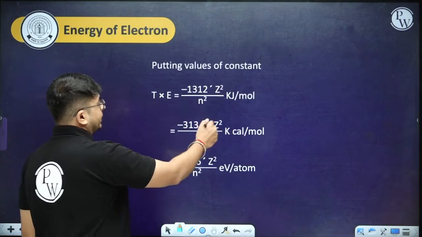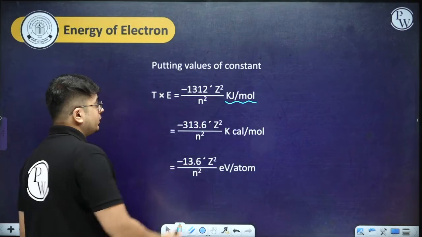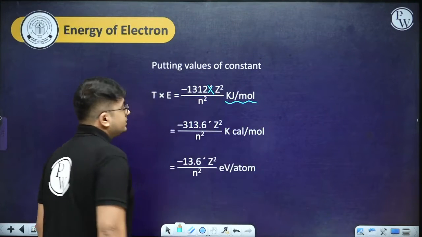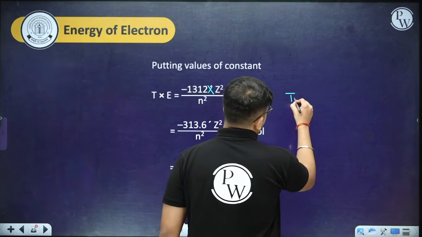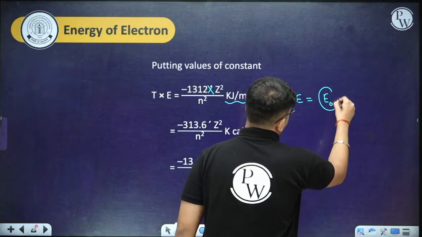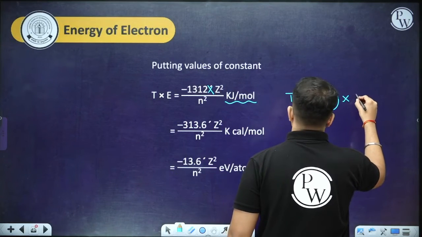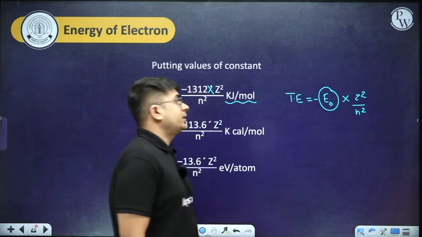In kilojoule per mole, that will be minus 1312 multiplied by Z square upon n square. So the total energy will be equal to some specific constant multiplied by Z square upon n square, in the negative term.